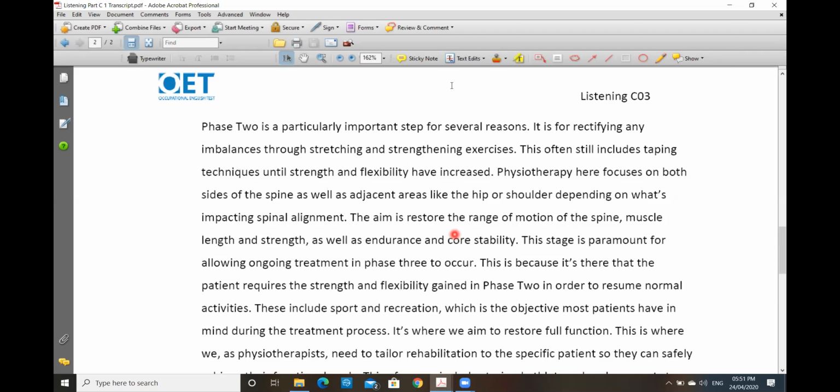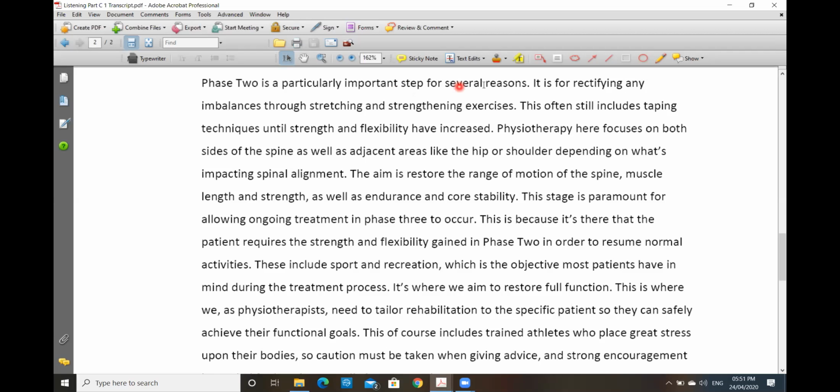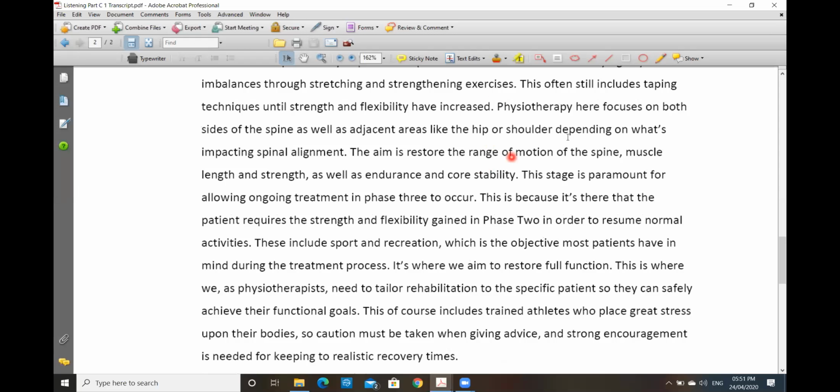Yeah. Phase 2 is a particularly important step for several reasons. It helps rectify imbalances through exercises. Okay? And then they were explaining how we work on both sides of the spine as well as adjacent areas, so not various joints, and nothing about a new technique as such was mentioned.